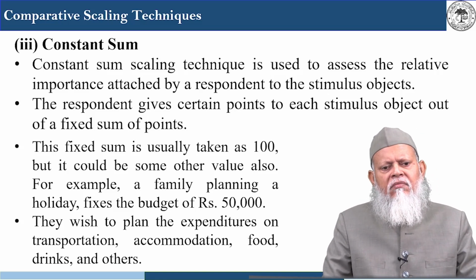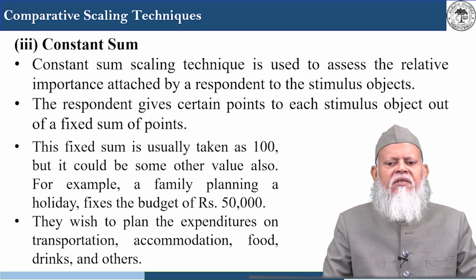So, the respondent gives certain points to each stimulus object out of a fixed sum of points. The fixed sum is usually taken as 100, but it could be some other value also.